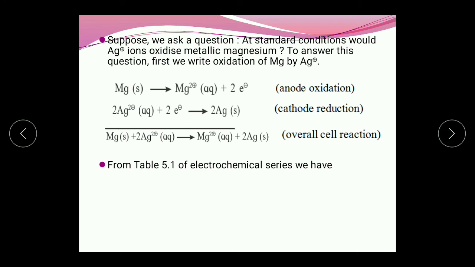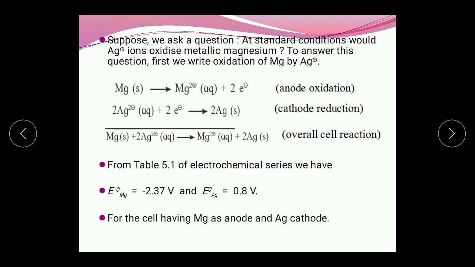So, from the table, we get that E0 of magnesium is minus 2.37 and E0 of silver is 0.8 volt. And what is the formula then? E0 cell will be equal to E0 cathode minus E0 anode, that means E0 Ag minus E0 Mg.